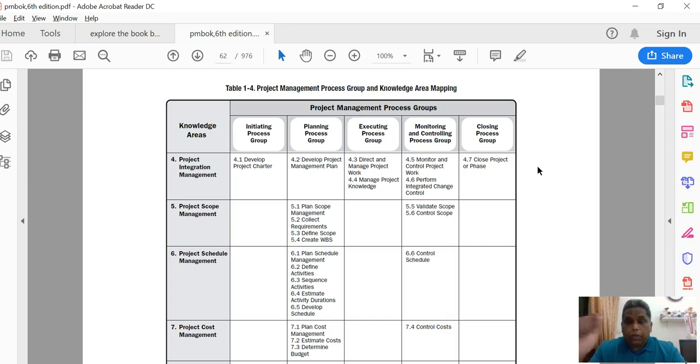Now, one of the things that PMI has done in terms of managing the knowledge in the world of managing projects is to classify all of the knowledge into 10 areas or 10 buckets. And these buckets are called knowledge areas, and there are 10 knowledge areas in this particular framework.